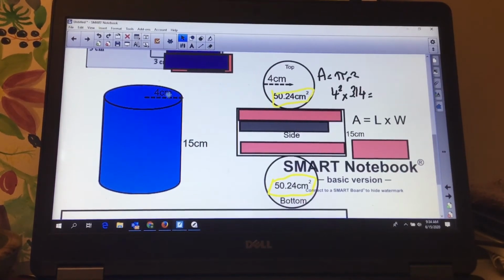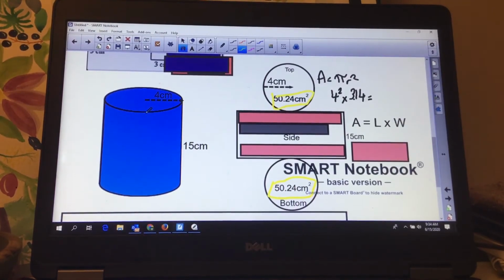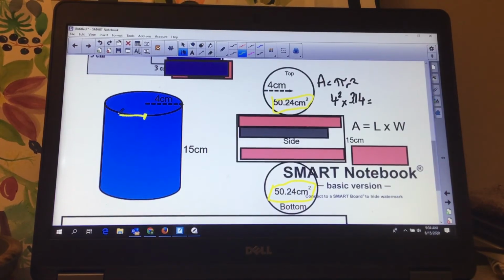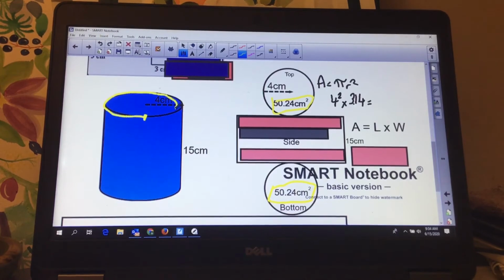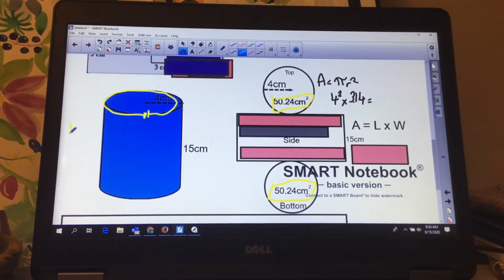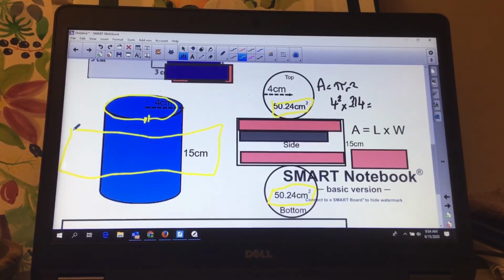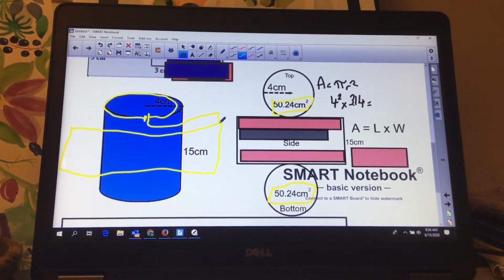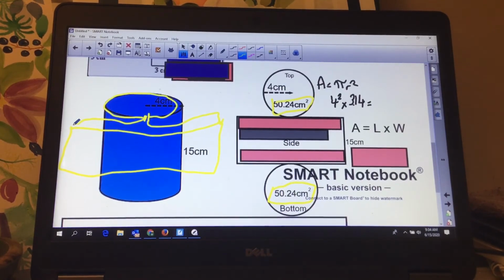I recognize that if I was to unfold from right here, let's say I cut this and then I stretch this out, the length of this, it's going to create a rectangle that looks something like that. And that would be right there. And this would be right here.